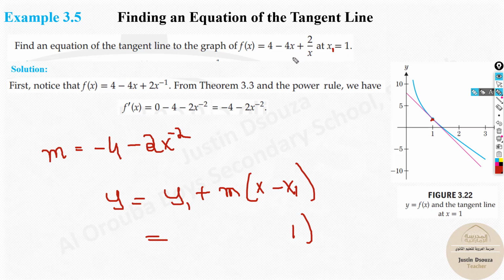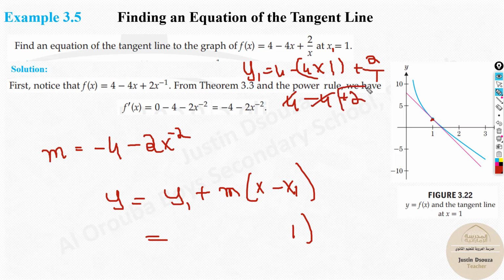All you need to do is substitute this x1 in this equation. So this is f of x or y. So y1 would be 4 minus 4 times 1 plus 2 by 1. So the answer over here would be 4 minus 4 plus 2. The answer is 2. So that would be y1, 2 plus x must be x, y must be y.